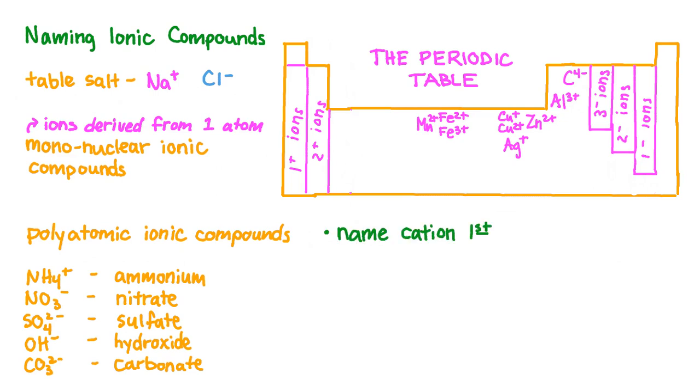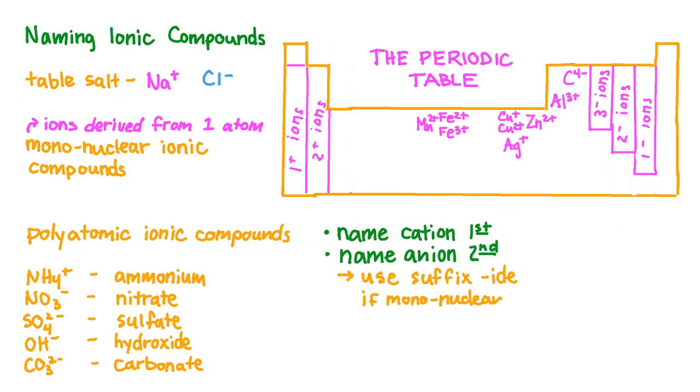When we name ionic compounds, we'll always name the cation first, followed by the name of the anion, and we'll use the suffix IDE if the anion is mononuclear. So now that we know these rules, let's try naming some ionic compounds and determining their chemical formula.